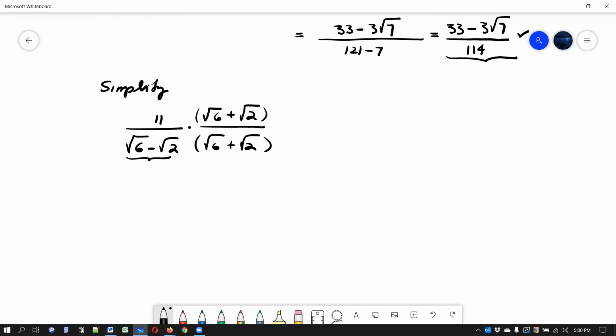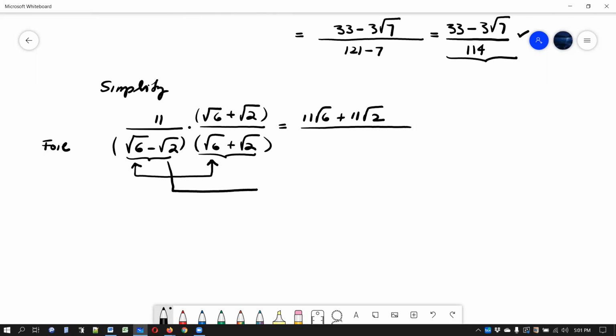And remember, parentheses around everywhere. Okay, so 11 radical 6 plus 11 radical 2. And remember that in this case, we are foiling. The middle two terms will cancel. So you can go ahead and multiply all four terms, or you can just multiply the first and the first, and the second and the second.